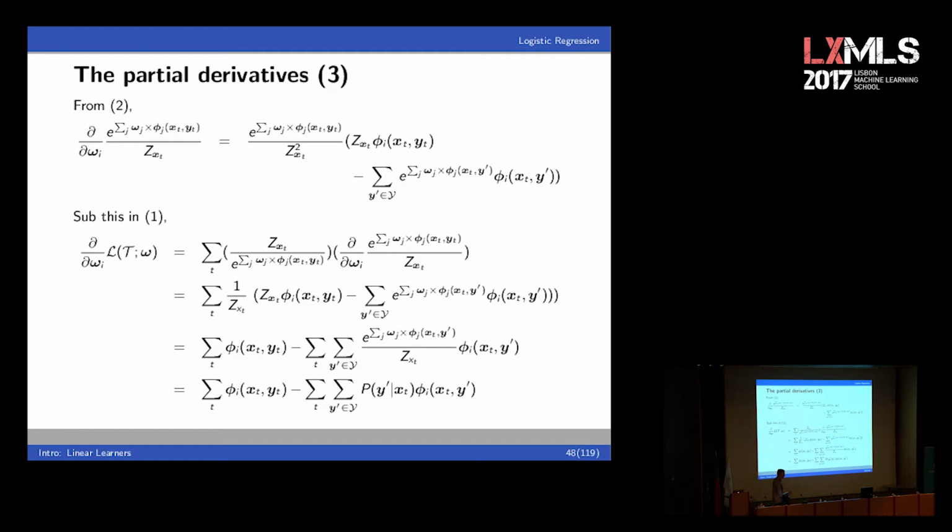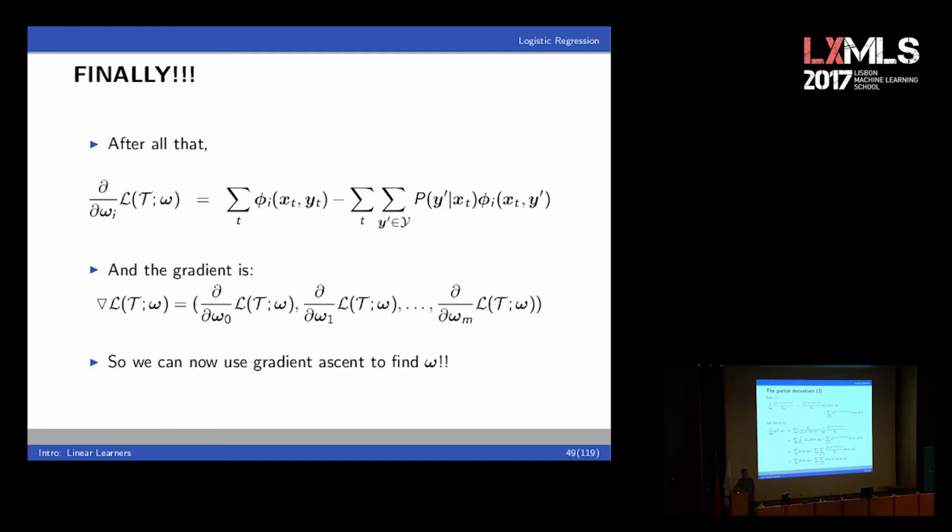So you're summing up the probabilities of your feature vector under your model. This can be seen as a constraint that at the optimum of your log linear model, of your logistic regression model, the counts of your features in your training data have to be equal to the expected counts under your model.